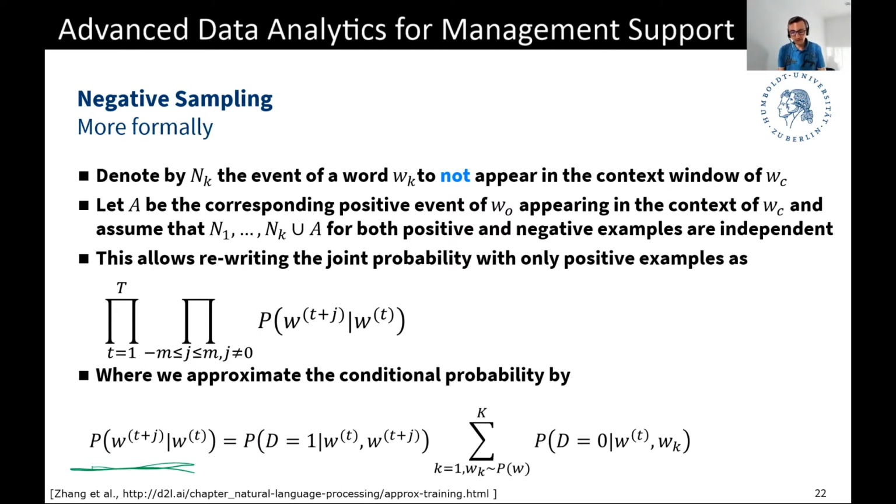That's the first part. And then we add some negative examples, k negative examples, where we say, well, there the event of the words occurring together did not occur. And we take k examples, and this is our new loss function.